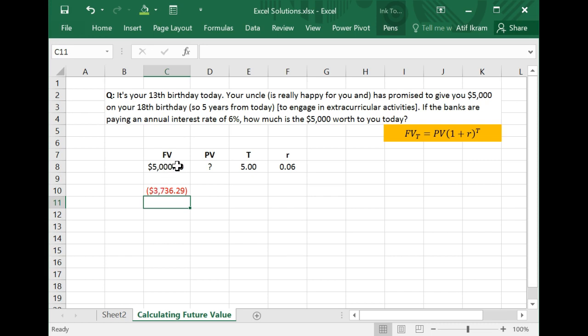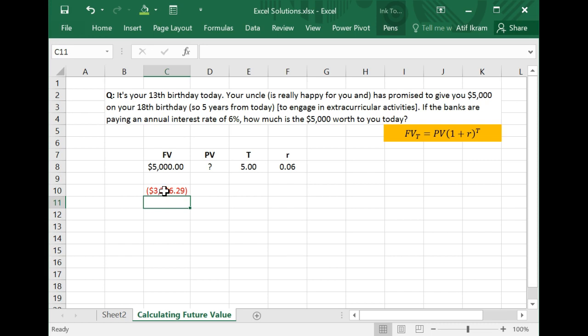I'll explain this in another video, but basically it's about one number being an outflow and the other being an inflow. The main point is that you can ignore the fact that this is coming out as a negative.